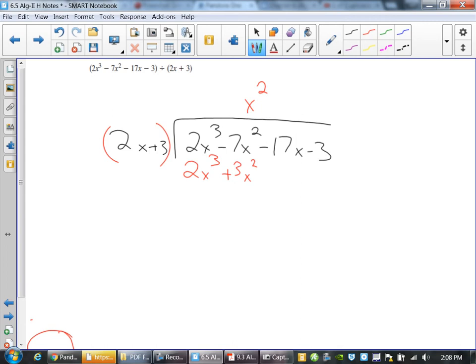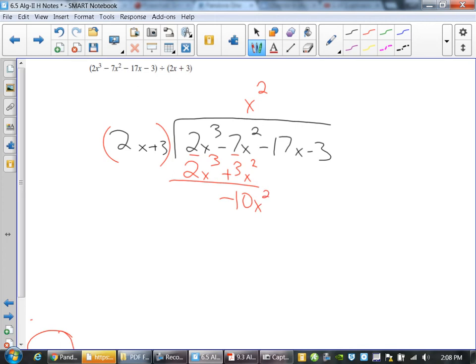A lot of the pre-calc people, when they did the division problem, they forgot this: subtract both parts. Put that subtraction symbol between each term, whether it's 2 terms, 3 terms, 4 terms, whatever it winds up being. That way you know you're subtracting each piece. So you get 2 minus 2, it's gone. Negative 7 minus 3 is? Negative 10. It's negative 10x squared.